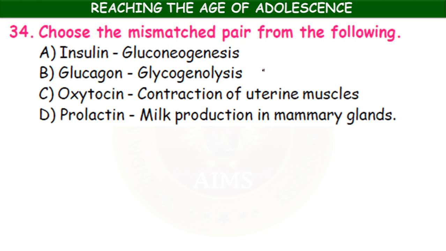Glucagon and glycogenolysis is right. Oxytocin and contraction of uterine muscles is also right, and prolactin, milk production in the mammary glands of the females. Insulin's actual function is to convert the excess of glucose into glycogen. So glycogenesis is the function of insulin, but here gluconeogenesis is given. So this is the mismatched pair.